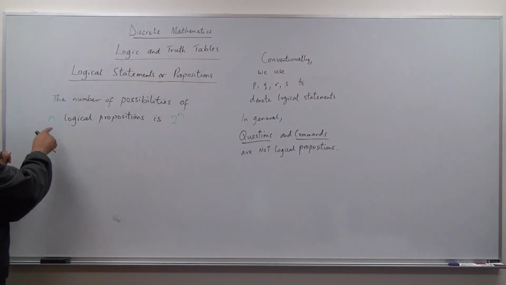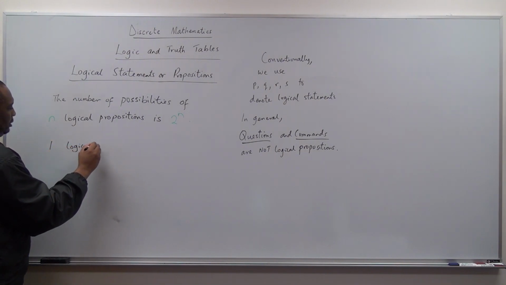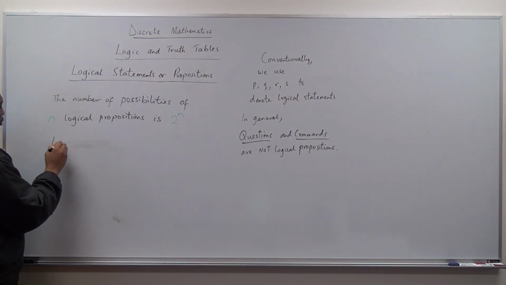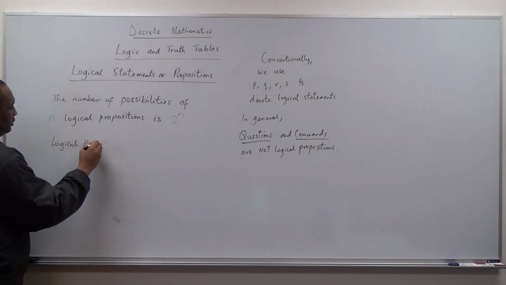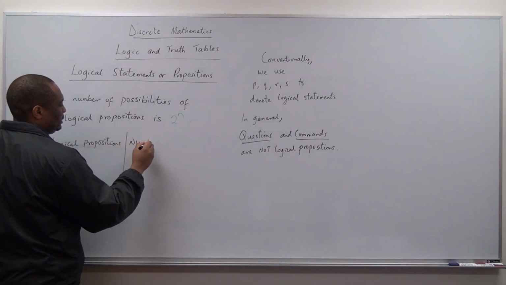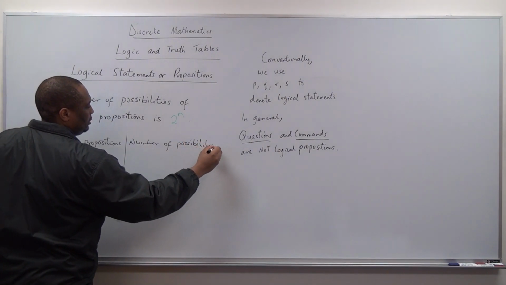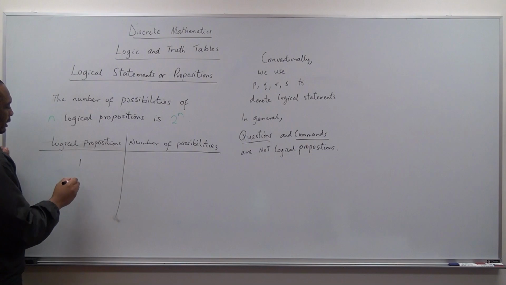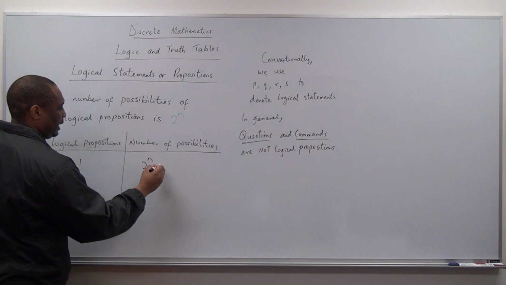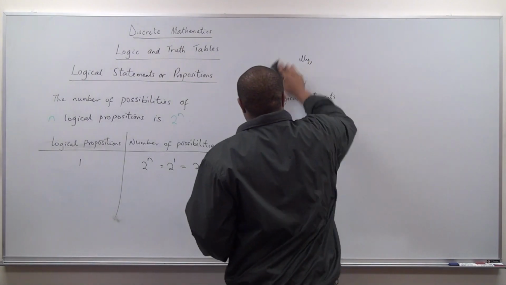What do I mean by this? If you have one logical proposition, then the number of possibilities is 2 raised to power n, which is 2 raised to power 1, which is 2. And let's look at an example.